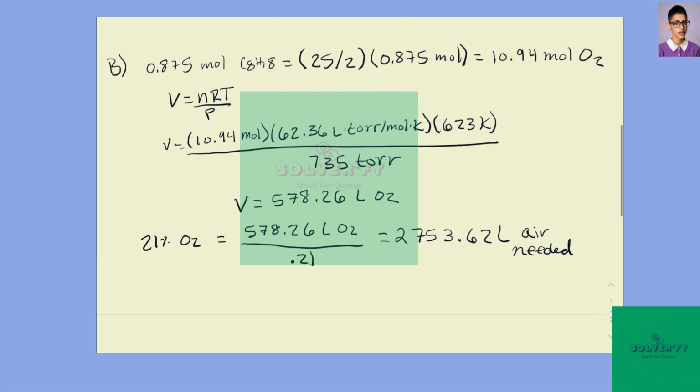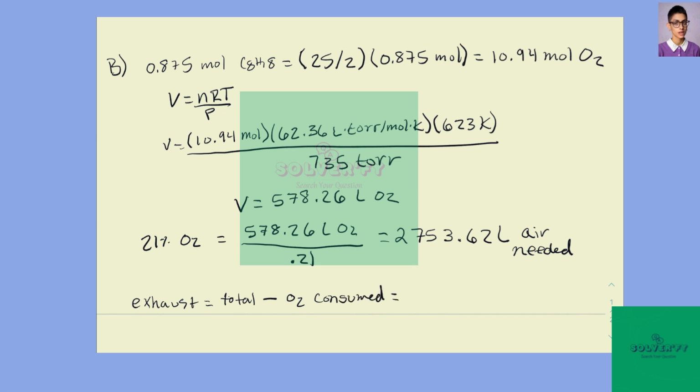Alright, so it's asking for our total volume of exhaust. So for our exhaust, this is going to equal our total air minus our O2 that's consumed from the reaction.